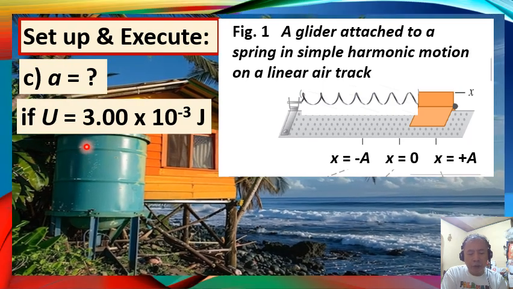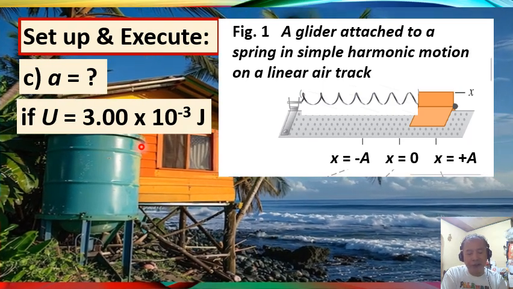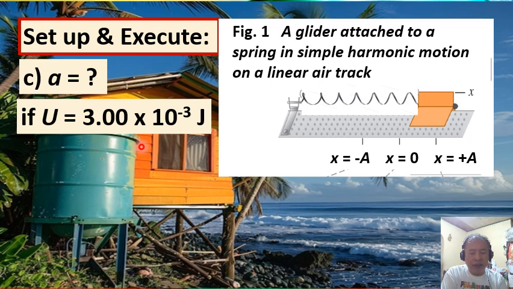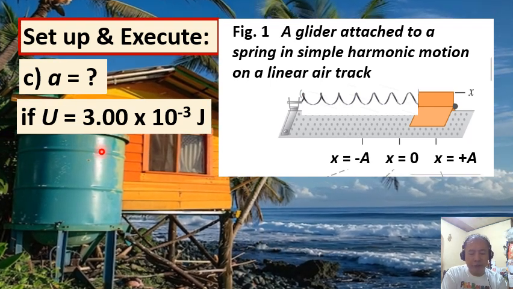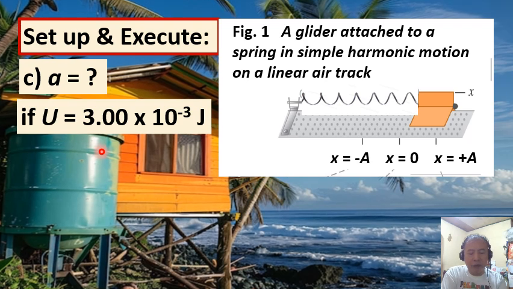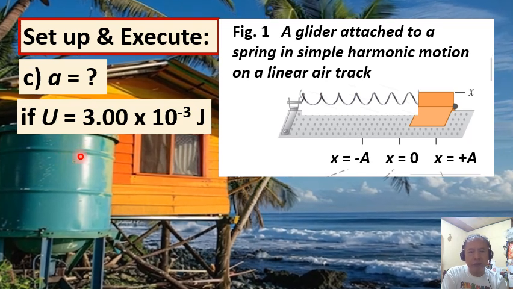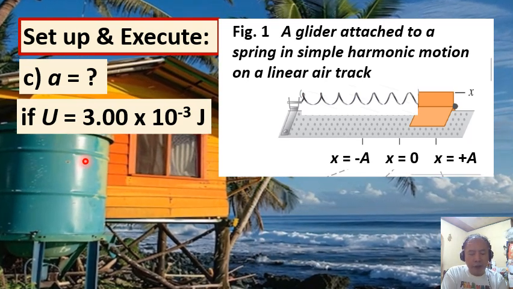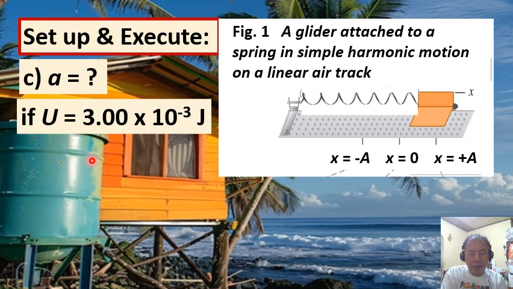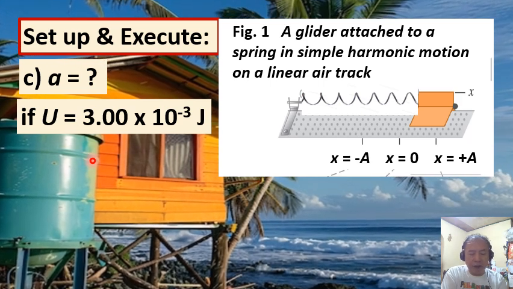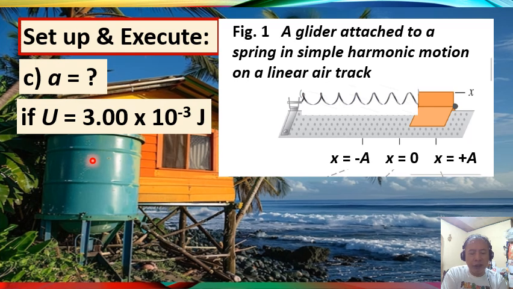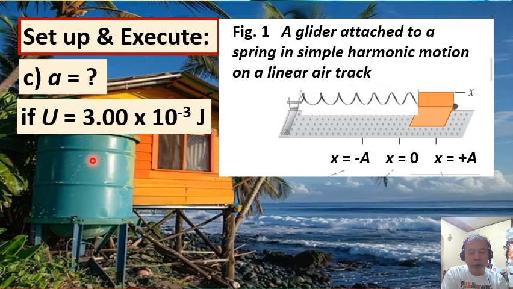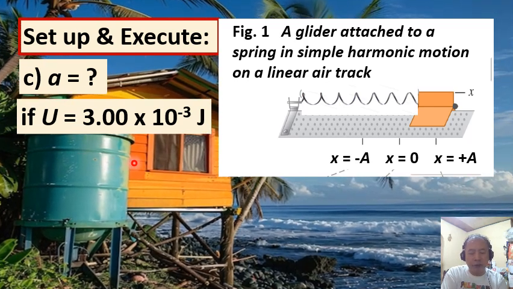Neither do we know at what position x the glider has such a potential energy. But we can actually use the equation capital U equals 1 half k x squared to find the exact position x, where this potential energy is equal to 3.00 times 10 to the negative 3 joules.